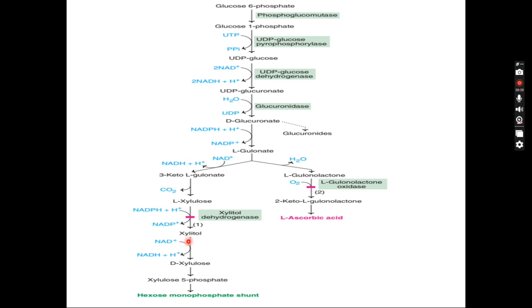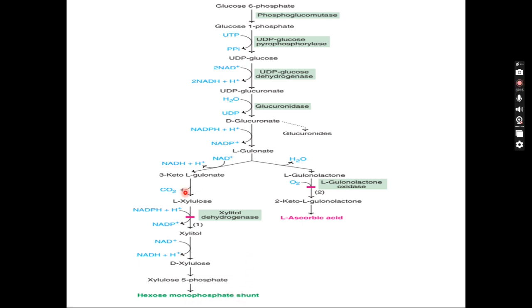This xylitol will go on again through the action of the D-xylulose reductase enzyme, which is here. Then we'll produce the D-xylulose, and this D-xylulose will be acted upon by the xylulokinase, which is the enzyme here in between. And what we are going to have is the xylulose 5-phosphate, and this will go on and join the hexose monophosphate shunt.